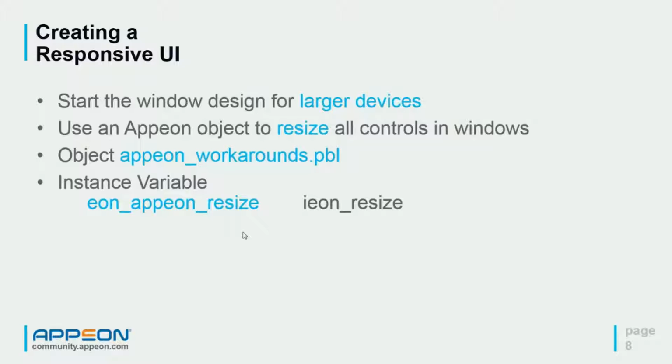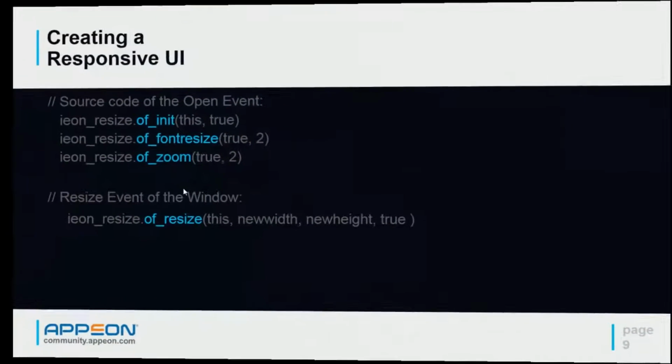If you don't use the PFC in your mobile devices, what Appeon did was take the PFC code for the resize part and make a standalone object so you can use it in your normal applications. So I'm going to show you how to do this.